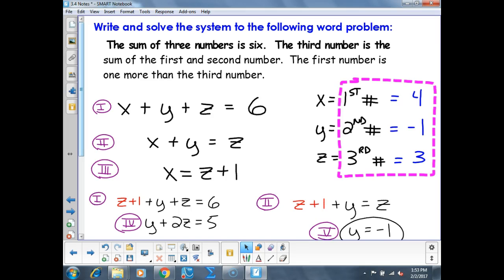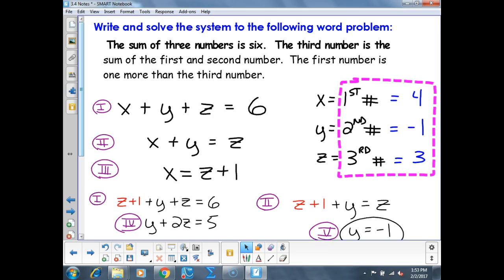Works out. The third number, 3, is the sum of the first and the second numbers. 4 plus negative 1 is 3. The first number, 4, is 1 more than the third number, 3. Works out.